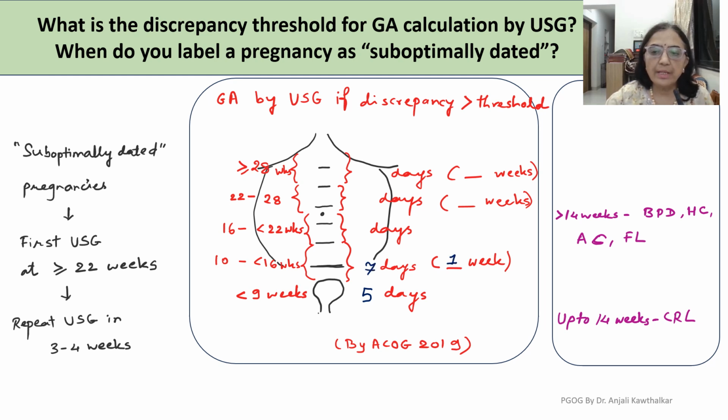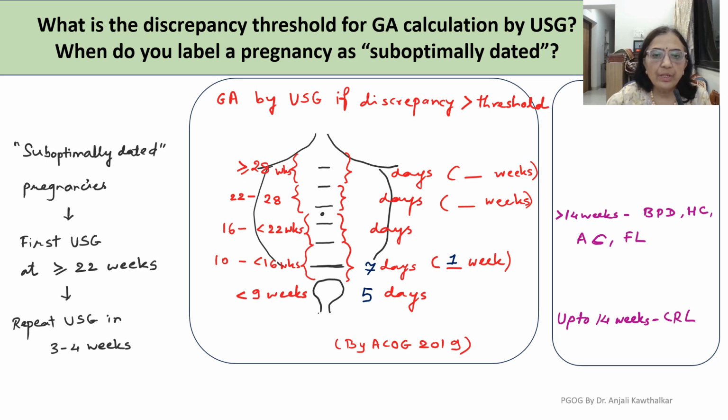This is most important. I hope all of you draw this diagram and learn this, because this is helpful in our clinical practice also. It is the most important in your examination also. This will give you the idea when to go by ultrasonography dating and when to go by clinical dating.